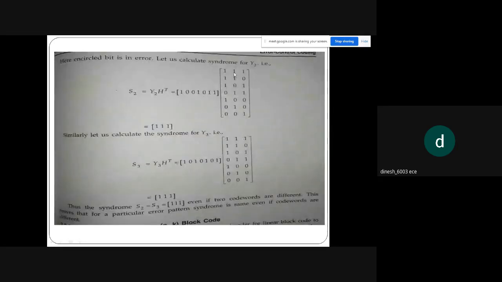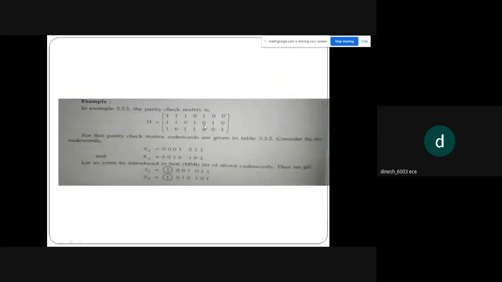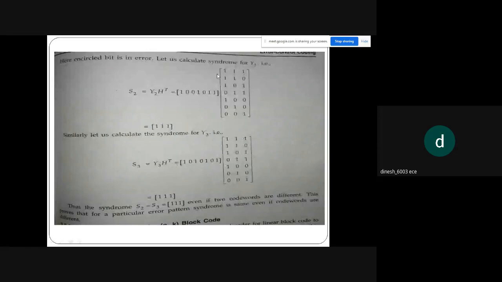H transpose is obtained by transposing this H matrix, so we can write this matrix. When we do modulo 2 addition, we get the syndrome S2 as 111.